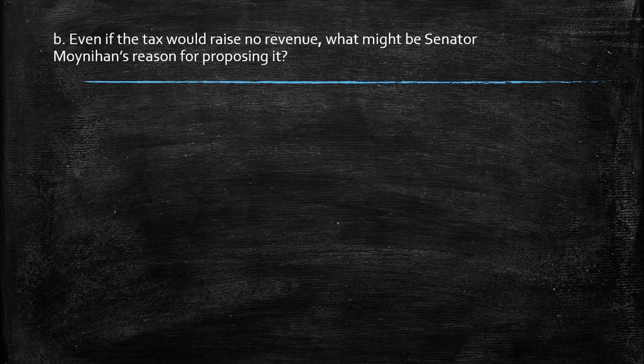Even if the tax would raise no revenue, what might be Senator Moynihan's reason for proposing it? In this case, again, it's kind of subtle, but I must say that this can be an alternative for decreasing debts, or it can mean more government spending, for example.